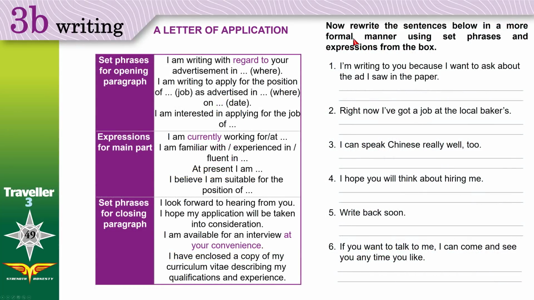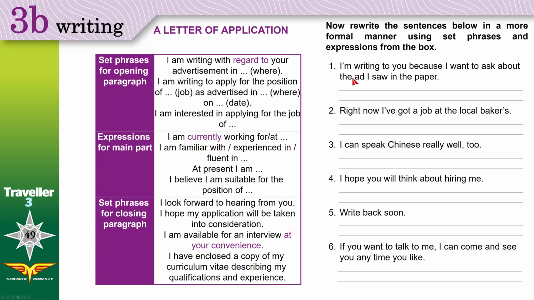Now, rewrite the sentences below in a more formal manner using set phrases and expressions from the box. These sentences are informal. You make them formal. Use the expressions here. 1. I'm writing. First, do you see I'm? This is a short form of I am. This is not acceptable. You write I am writing to you because I want to ask about the ad.